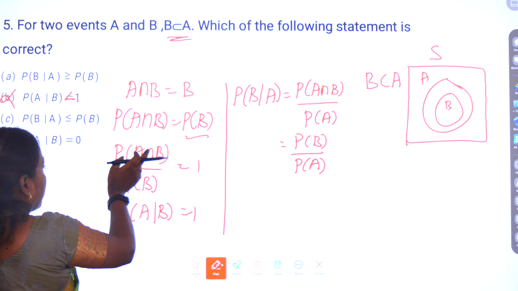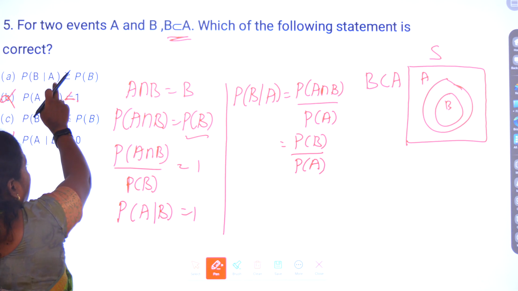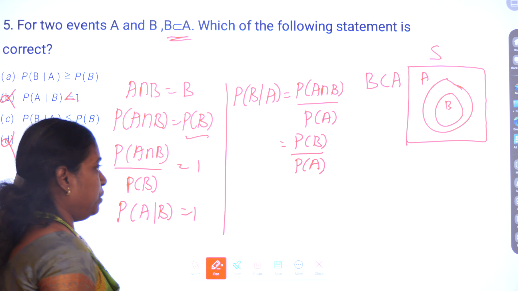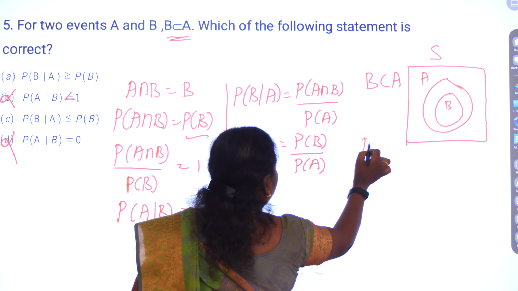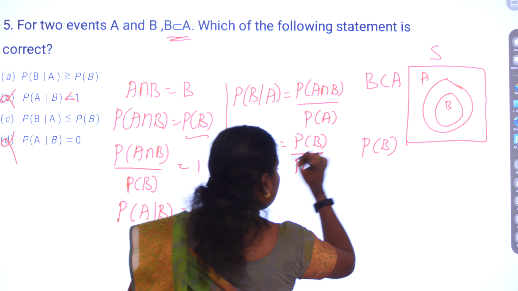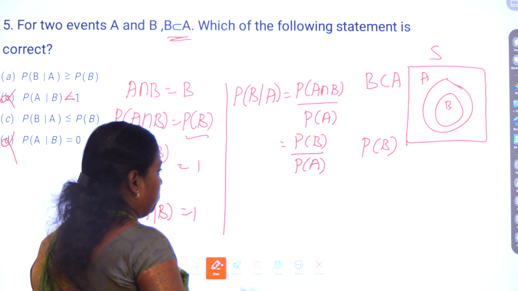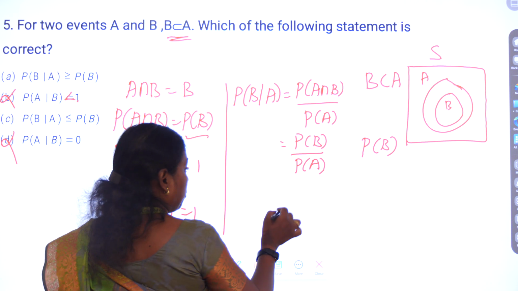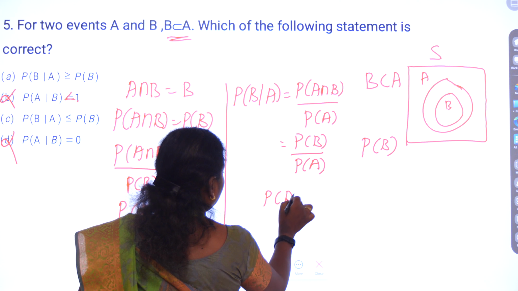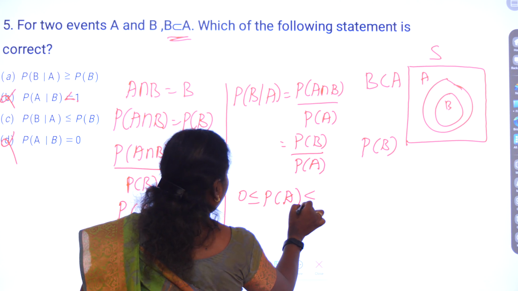Now we know that the probability value will lie between 0 and 1.